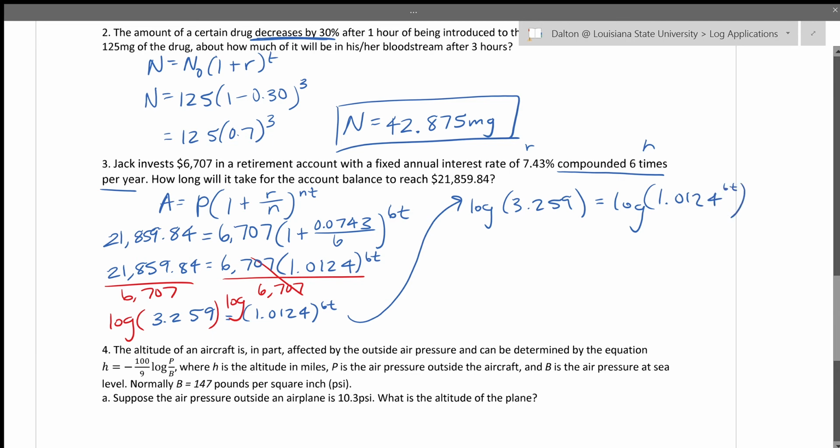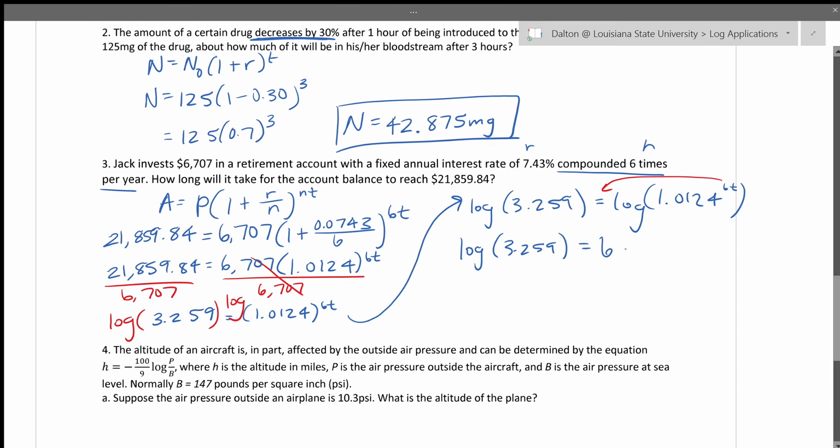And then our logarithm rules say we can go ahead and simplify the left side. If you simplify this, you're going to get, actually, I'm going to leave that alone. You could figure out what this is, but again, I'm going to try to round as few times as possible. Our logarithm rules say that when you have the log of something with an exponent, the exponent drops out front.